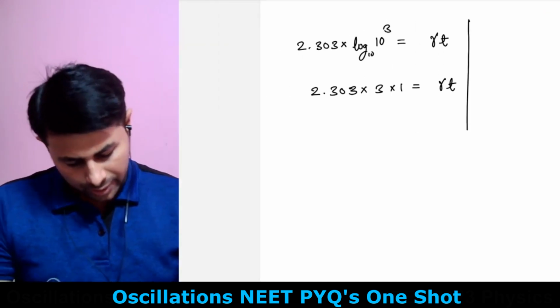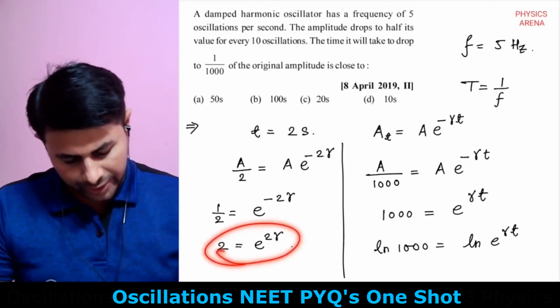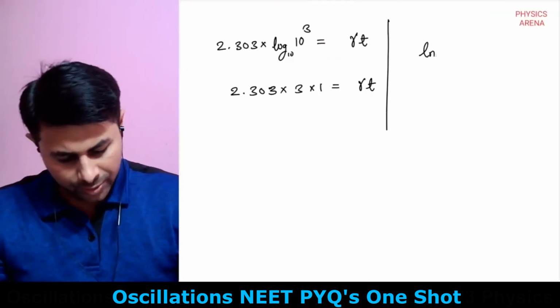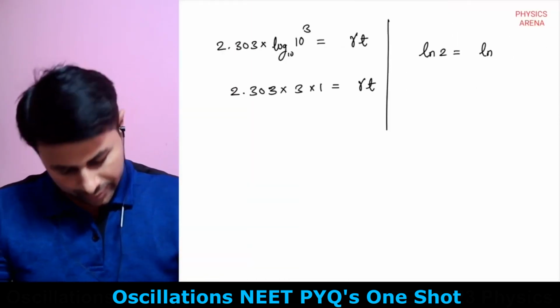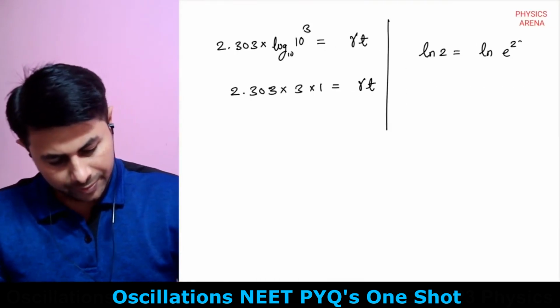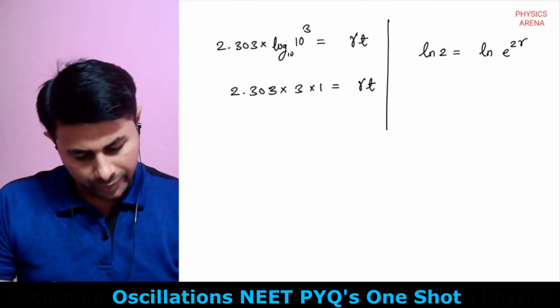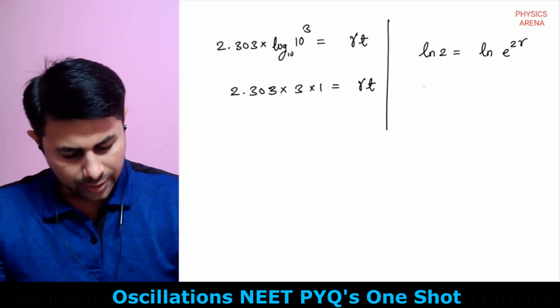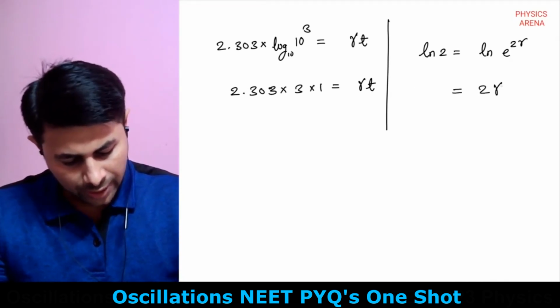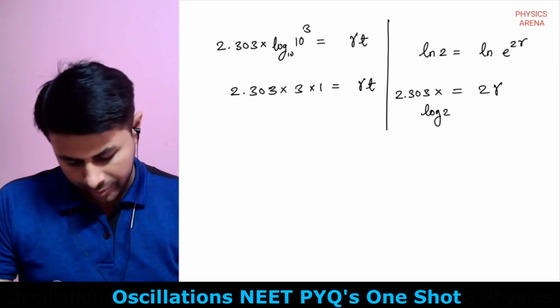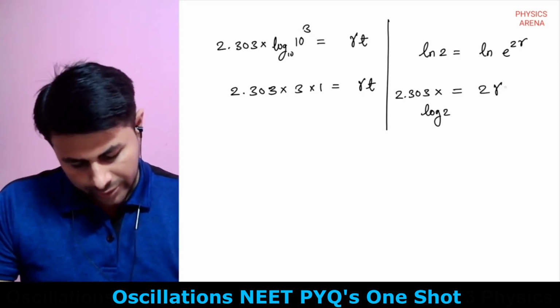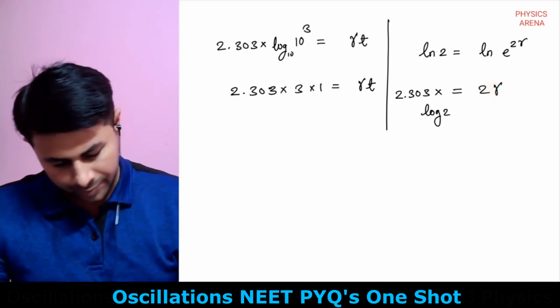Then from the other equation, we get ln of 2 is equal to ln of e raised to 2 gamma. So 2 gamma is equal to ln of 2, or 2.303 multiplied by log of 2.